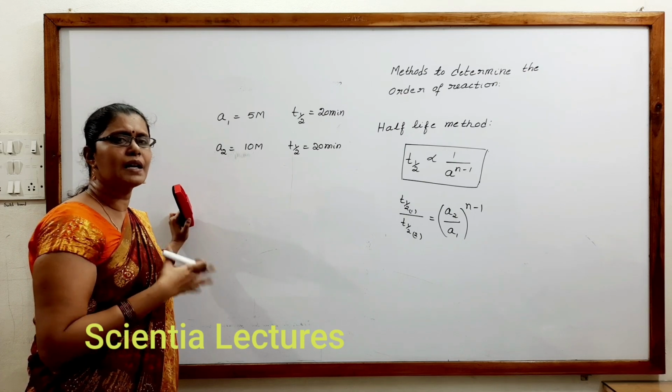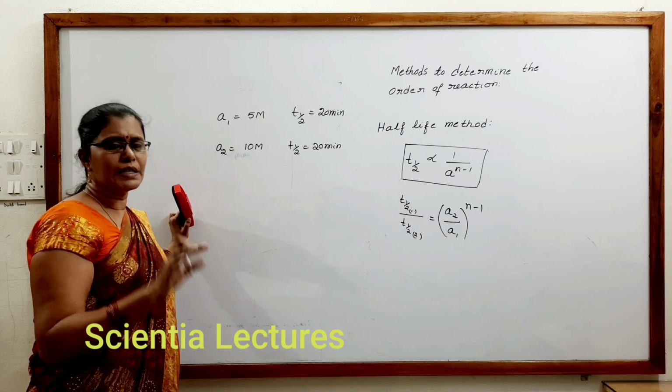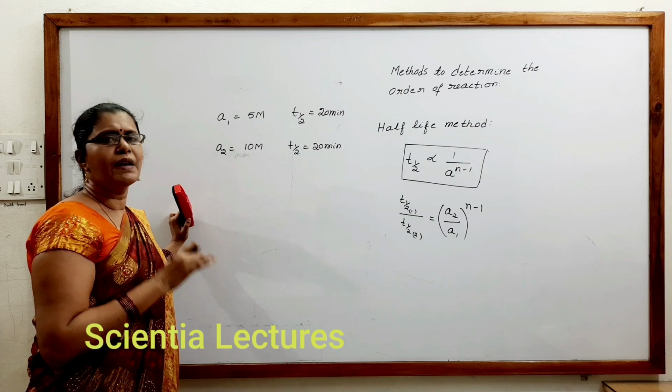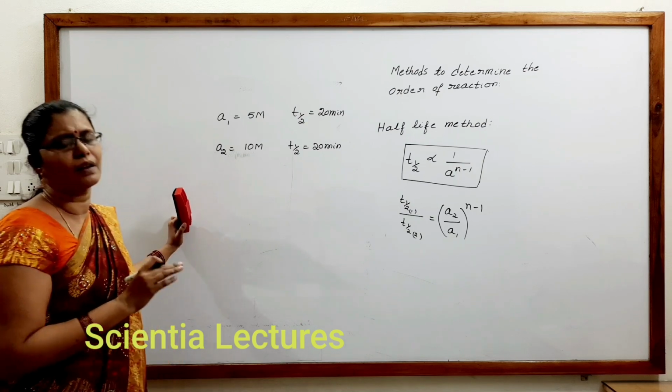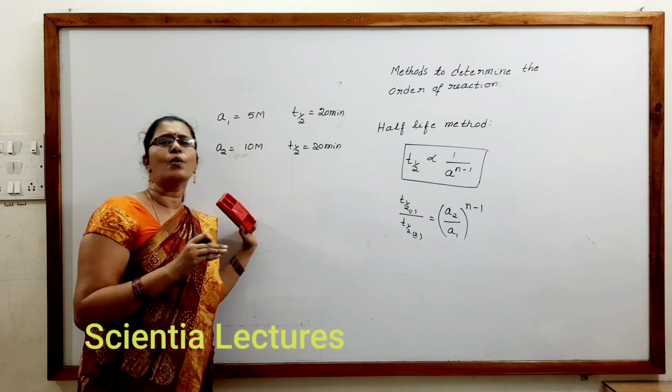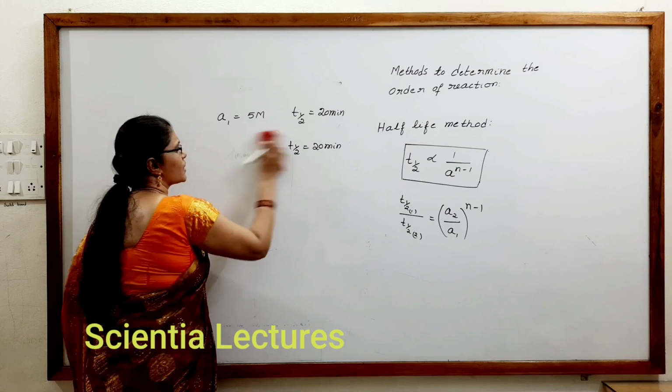Suppose if they ask that T 40% is given to be 20 minutes for some reaction. When initial concentration is doubled for a first order reaction, what would be the amount of the reaction that should have occurred? Now understand the question carefully.